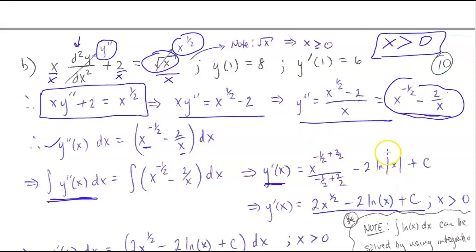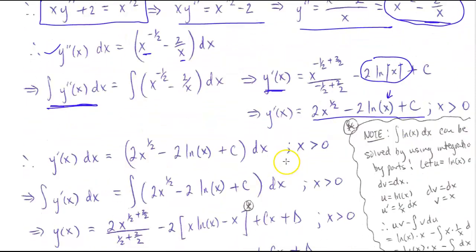And notice that in this step I have absolute value signs, but in this step I don't. That's because I recognize that x has to be positive, so I no longer need those absolute value signs.